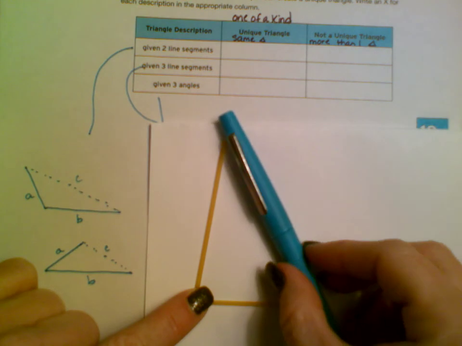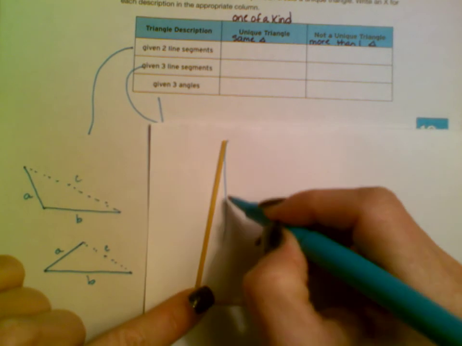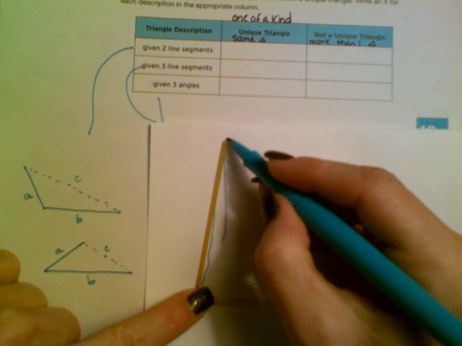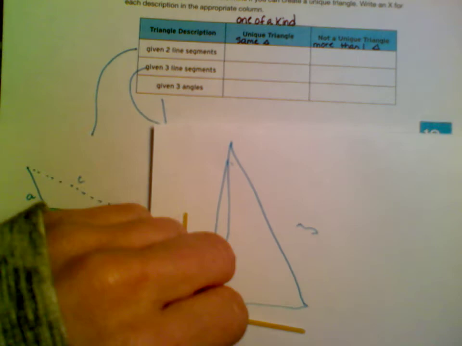Maybe I'll just trace this. Okay, so if I freehand that in, that's about what that triangle looks like.